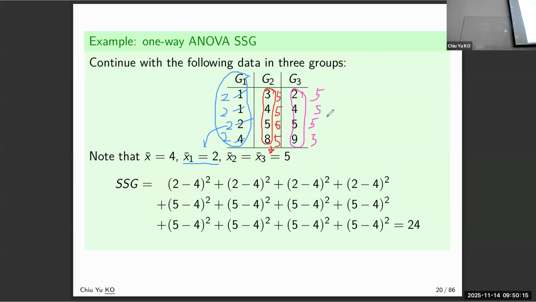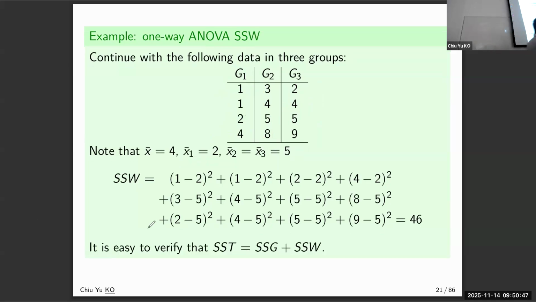Across different groups there's difference, but within a group there's 0, because everything is replaced by the mean of its group. So this is the variation across groups, SSG. That means we decompose the variation into within group and across group, so it is very natural to think they add up together.